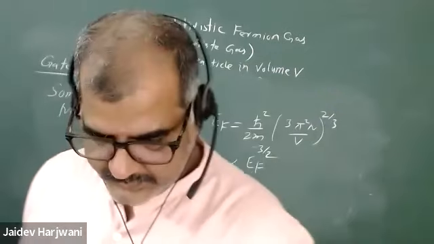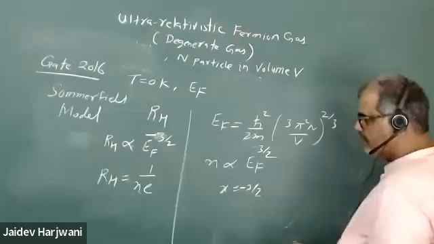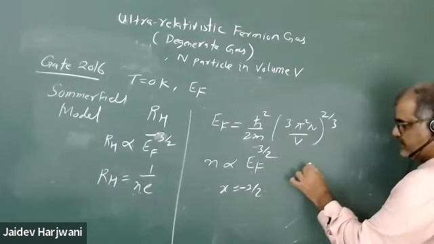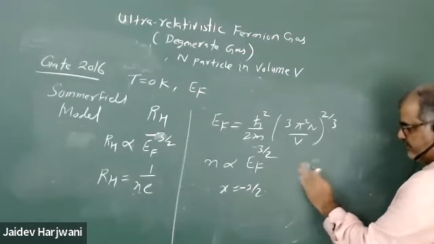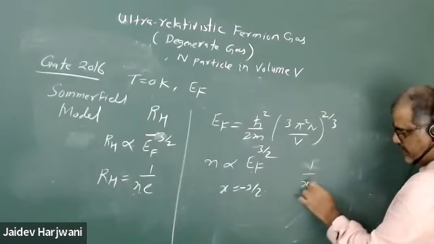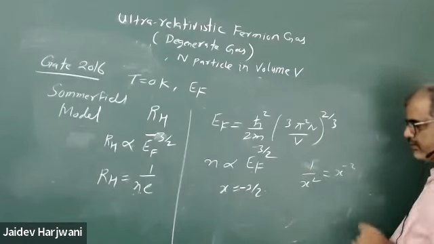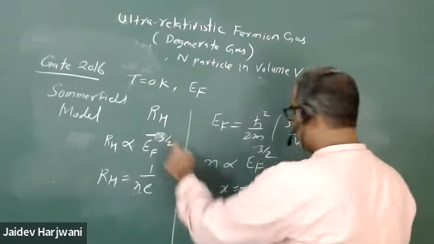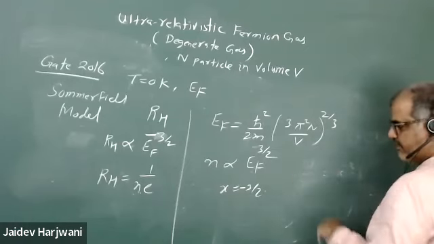Sir, it is 2 by 3 now. How, by 3 by 2? If I'm writing x square, I can write x power minus 2. So x is equal to minus 3/2. The power we cannot change, na.